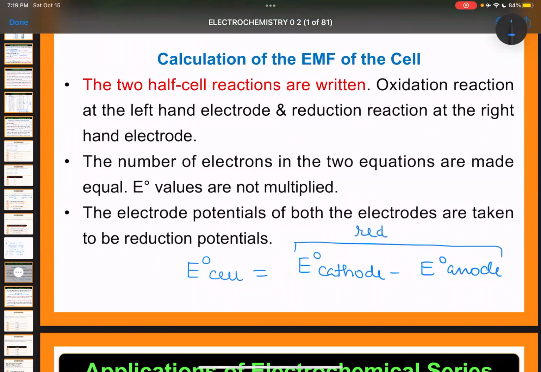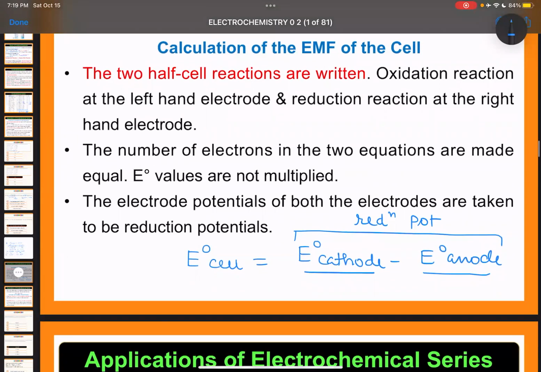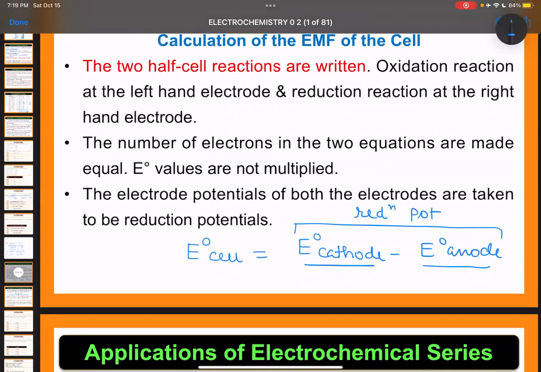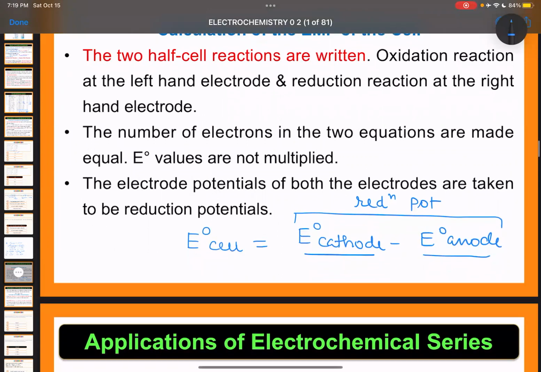Both are reduction potentials. If you are taking reduction potentials, you take the electrode potential of the electrode where reduction is happening, minus the electrode potential of the electrode where oxidation is happening.